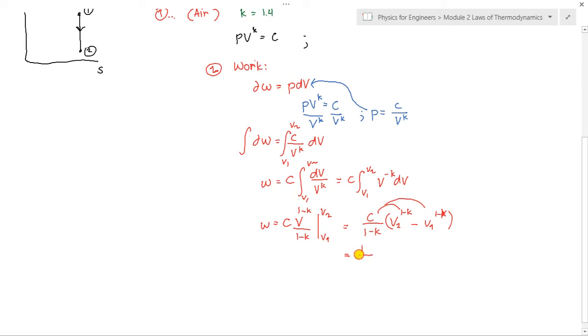So we now have 1 over 1 minus K multiplied, this one would become CV2 1 minus K, and then minus CV1 1 minus K. But we all know, class, that C is a constant.